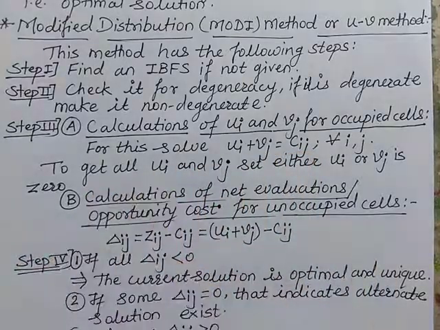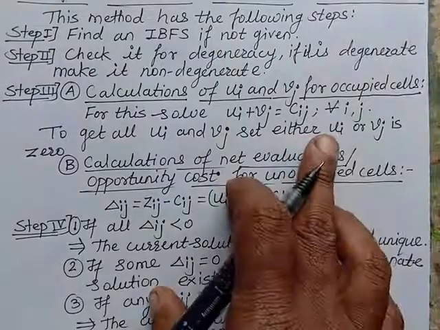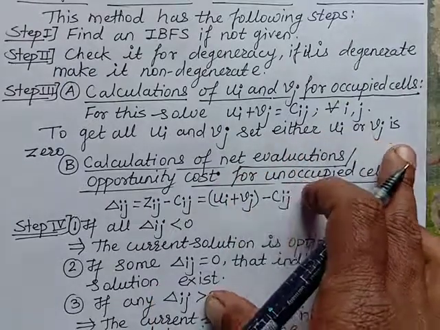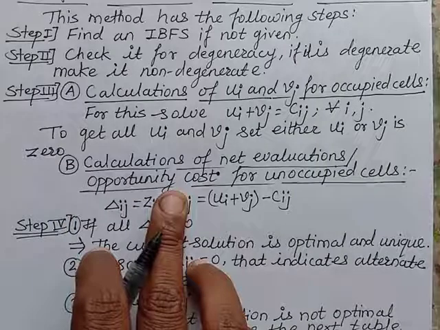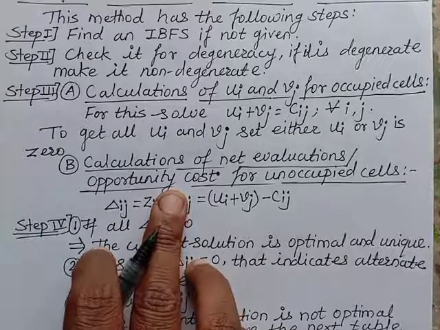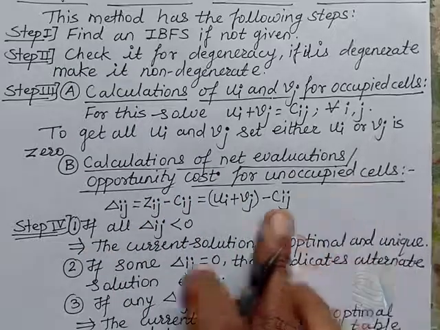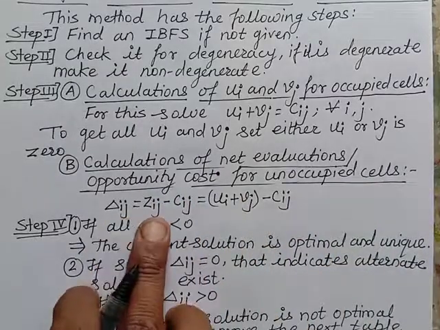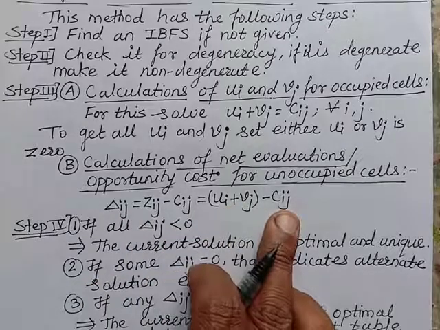And to get all the ui and vj, set any one ui or vj to 0. The next part, calculations of net evaluations or opportunity cost for unoccupied cells. For that we need to calculate delta ij. Delta ij is zij minus cij, that is ui plus vj minus cij.